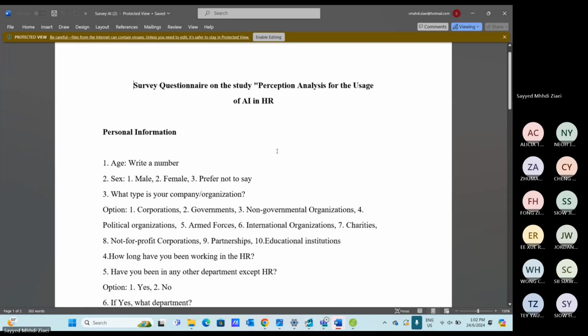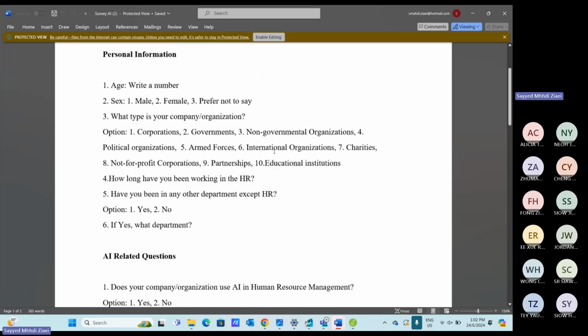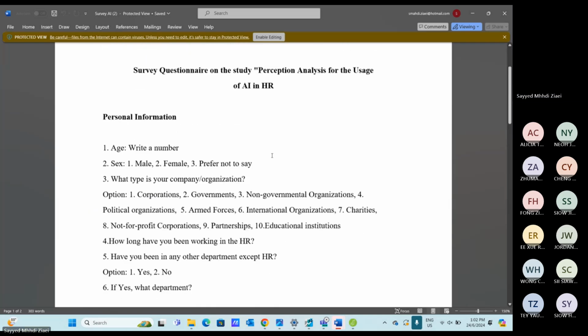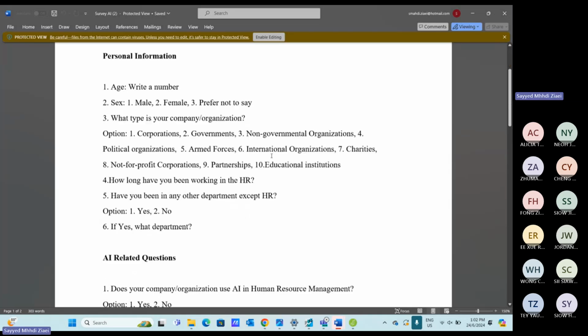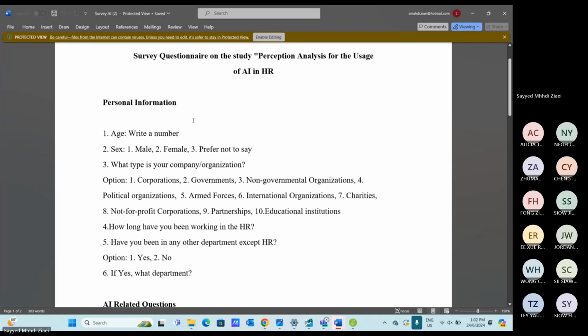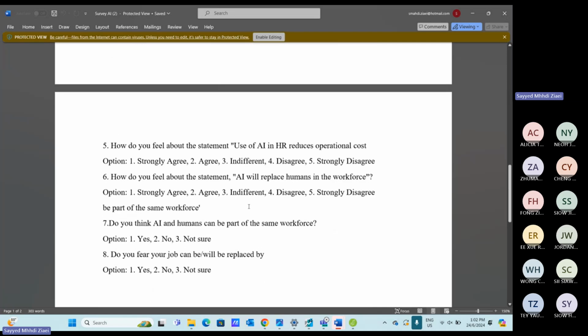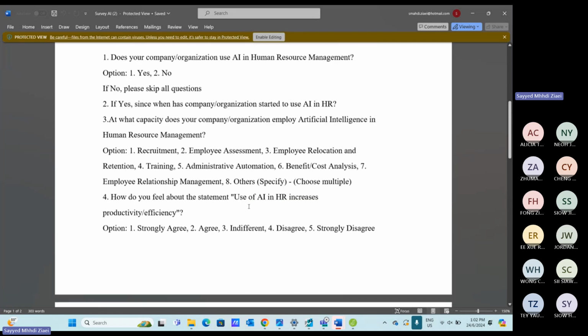So maybe 10 questions. I just use this simple survey to show you how you can import data from Excel to JASP.